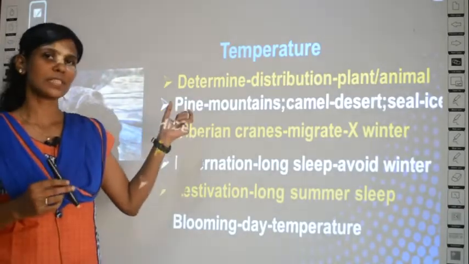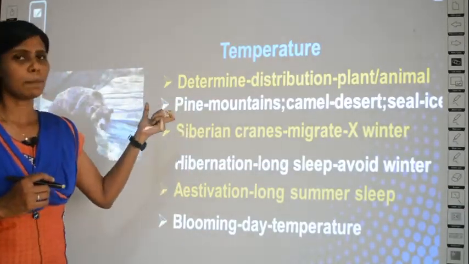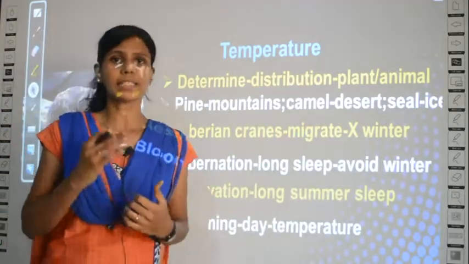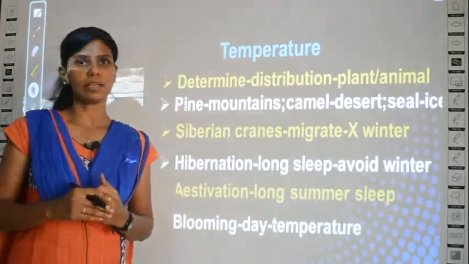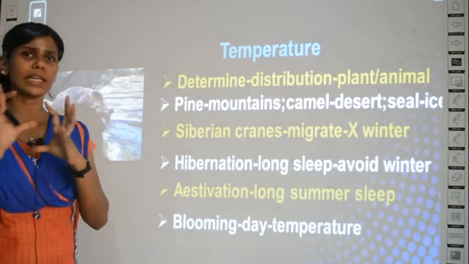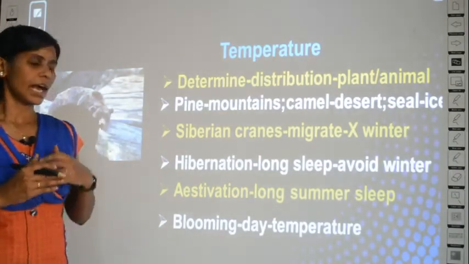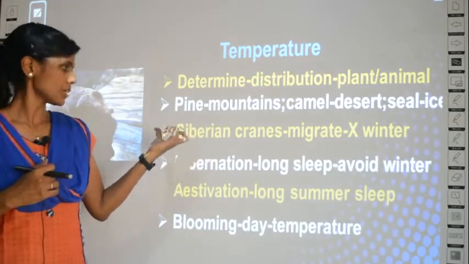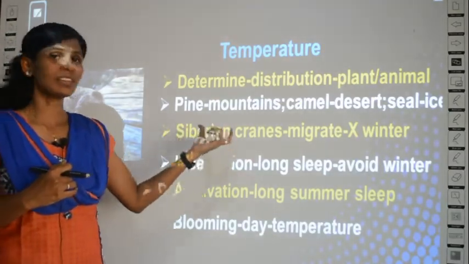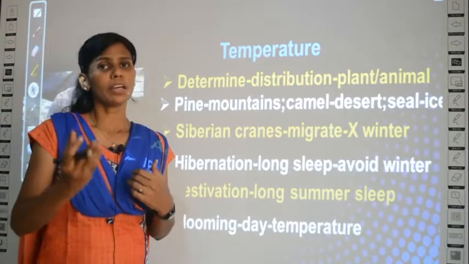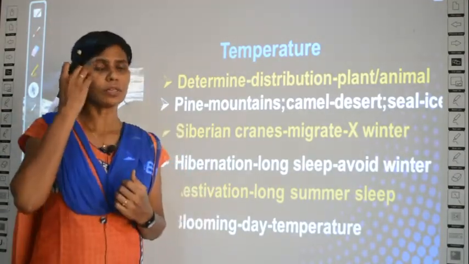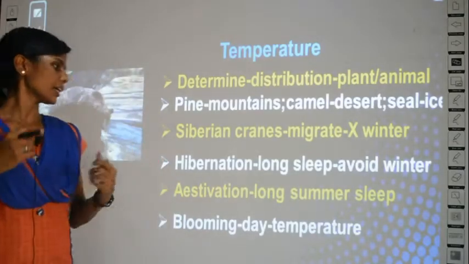Then some examples given in your book are, for example, pine trees grow on mountains, camels live in desert, and seals live on the ice. They can survive only in particular temperatures. And also migration happens because of change in temperature. Say for example, Siberian cranes will migrate to a warmer place during the cold winter to skip the cold climatic conditions.